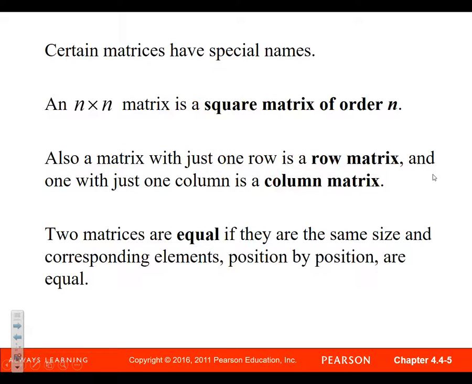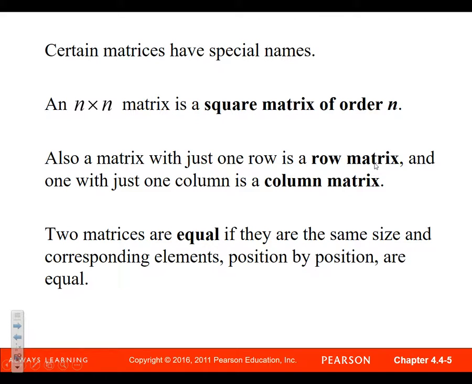I can tell you guys are done when you start talking a lot. Of course, we talked about some of the matrices having special names. Yesterday, we talked about the square matrix. A square matrix has the same number of rows as it does columns. So if it has 3 rows, 3 columns, that's a square matrix. It's called a 3 by 3. If it has 2 rows, 2 columns, that's a 2 by 2. But there are other scenarios. For example, if a matrix has only 1 row, we call it a row matrix.